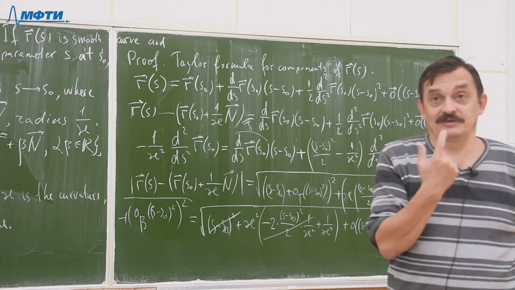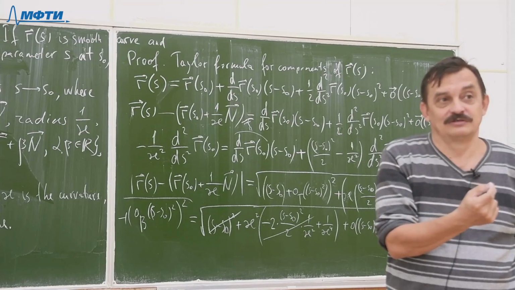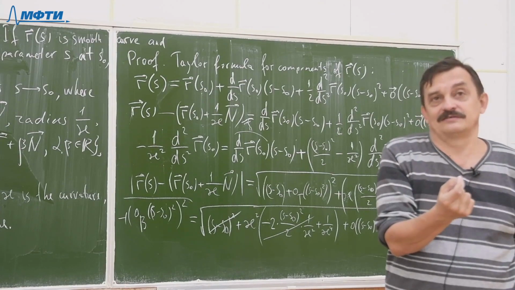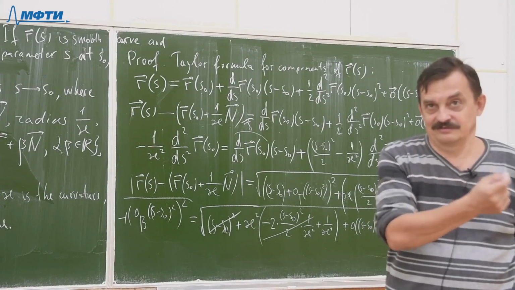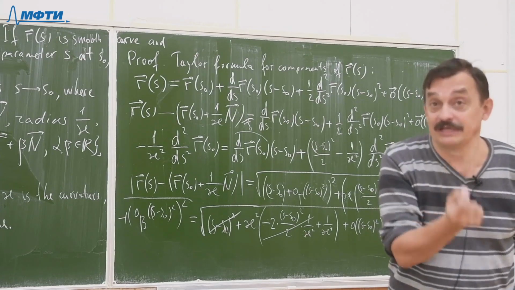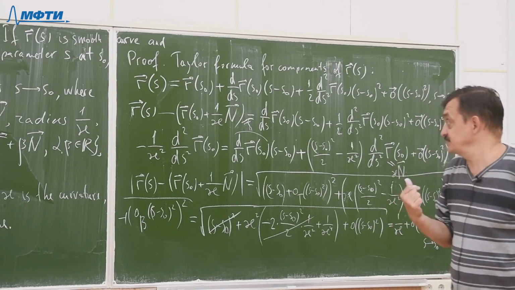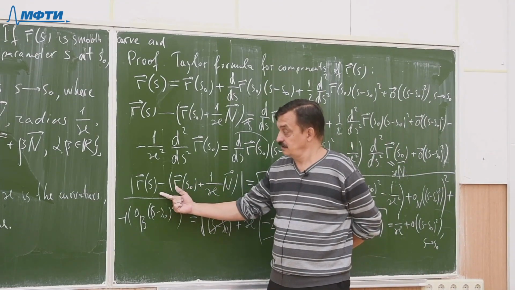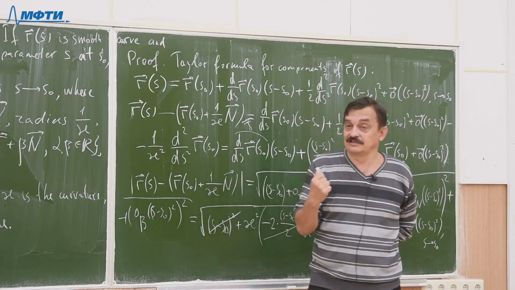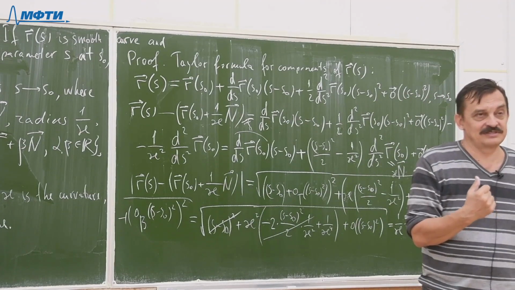It's the set of points which are placed on the same distance from one point in a plane, right? So it suggests that indeed we have a circle, right? But it doesn't prove it. This is only suggestion.